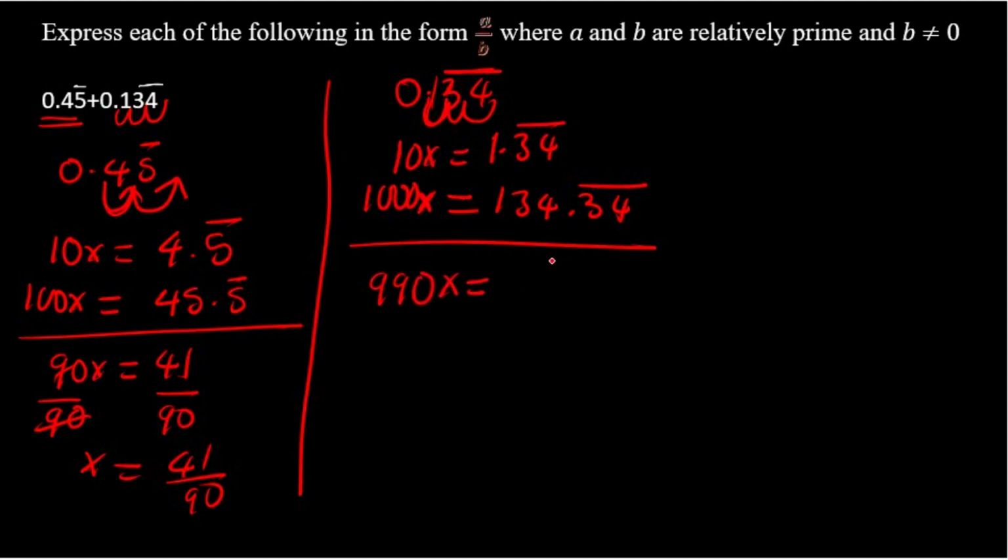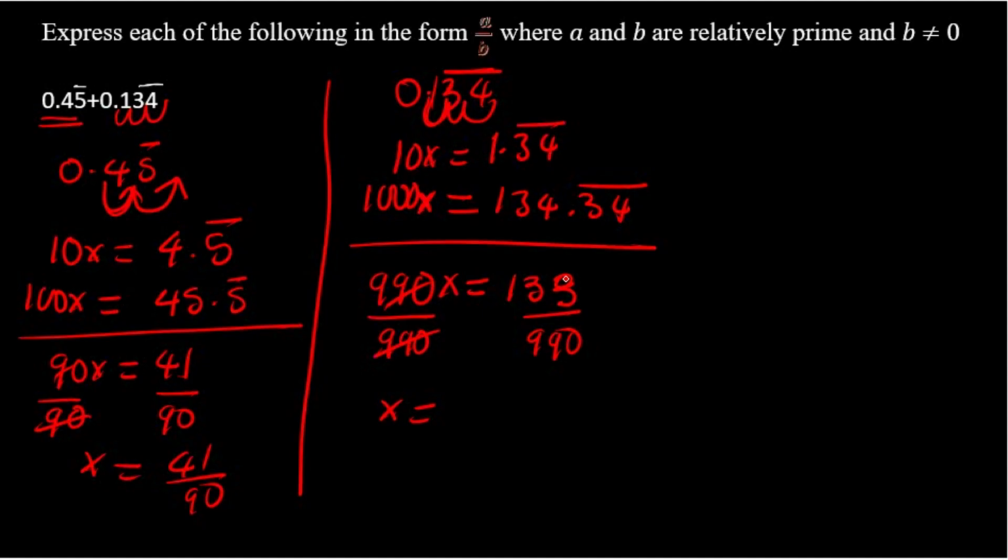Then x equal to, when you subtract 134 minus 1, it will be 133. So you divide here, 133 over 990.